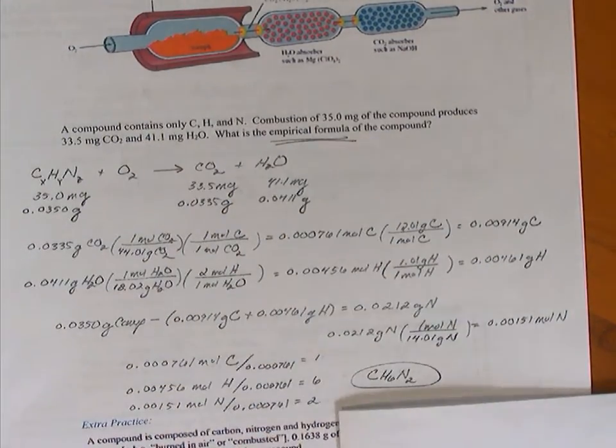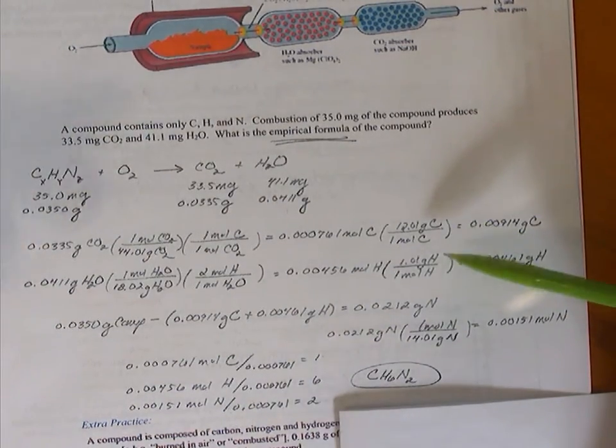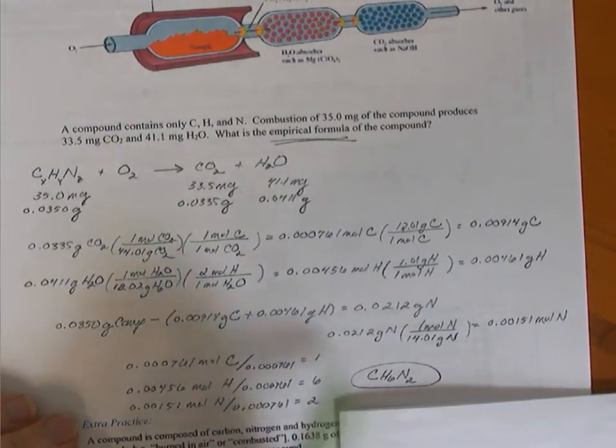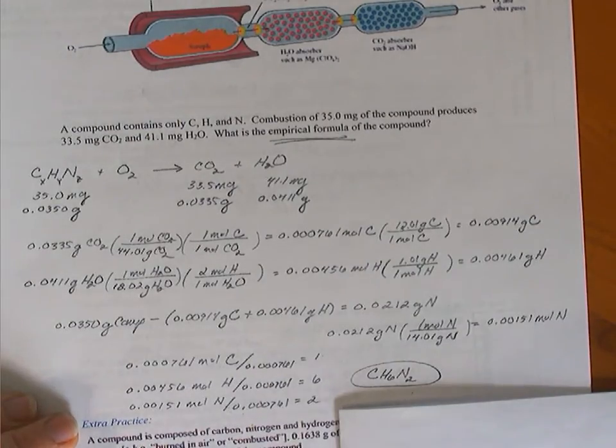So this is kind of an indirect way to use our understanding of the relationship of grams and moles and the law of conservation of mass. All the carbon that's here is going there and so on. I know how to find an empirical formula.